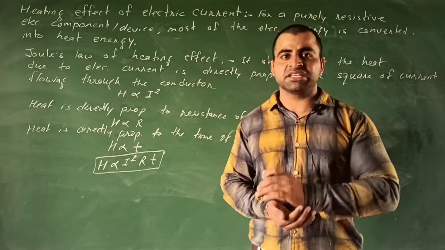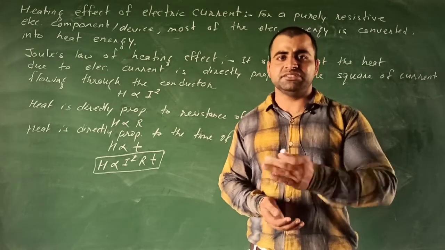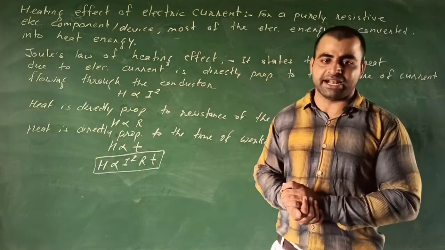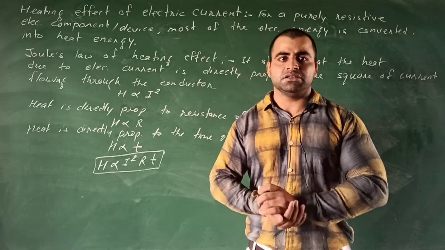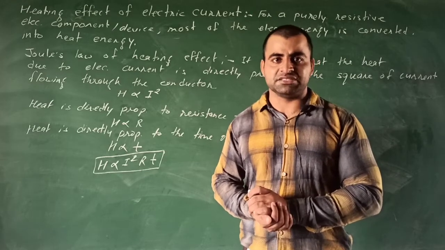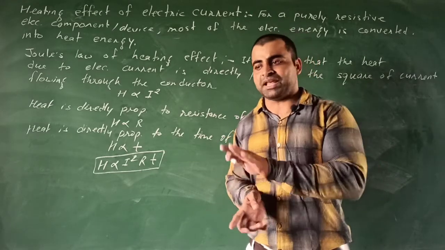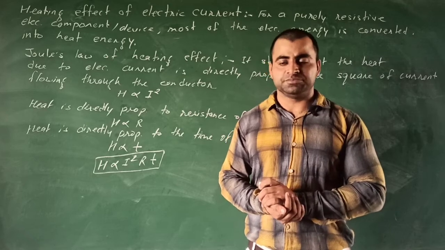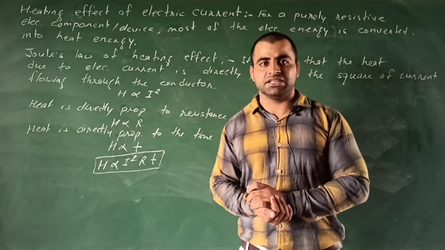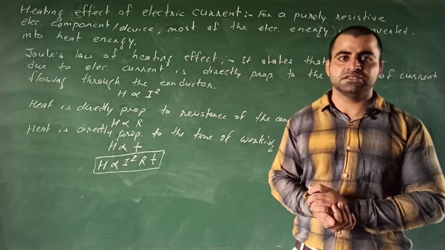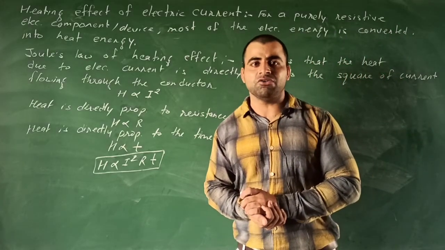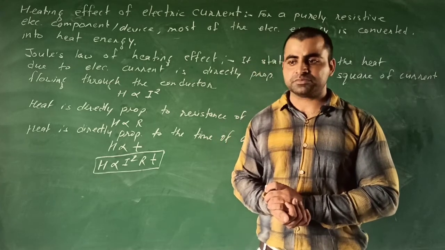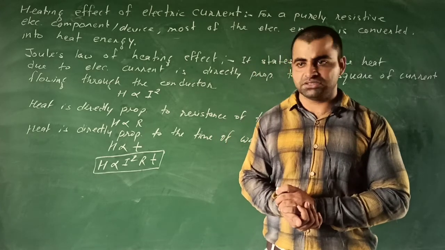If the AC is working, it gets heated. If the refrigerator is working, it gets heated. We don't want them to get heated. But in some appliances, we want them to be heated, like electric iron, room heater, microwave oven and toaster.